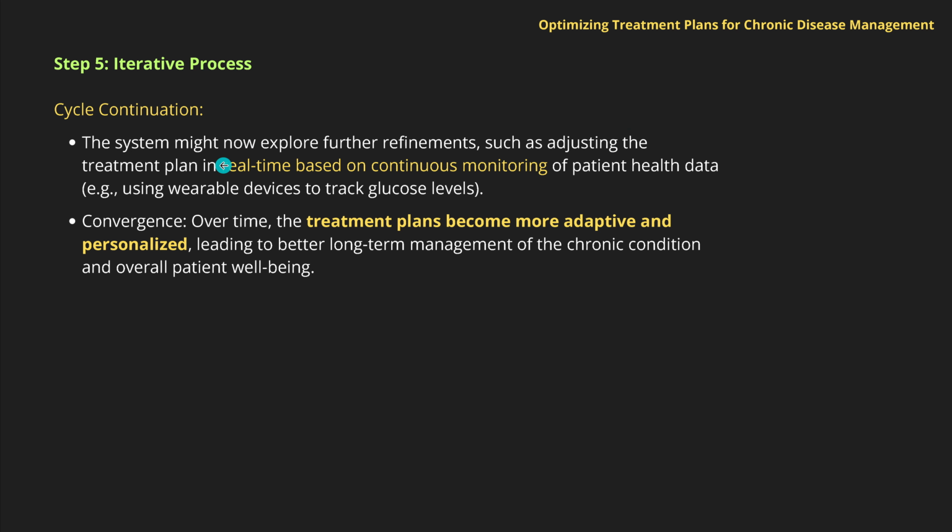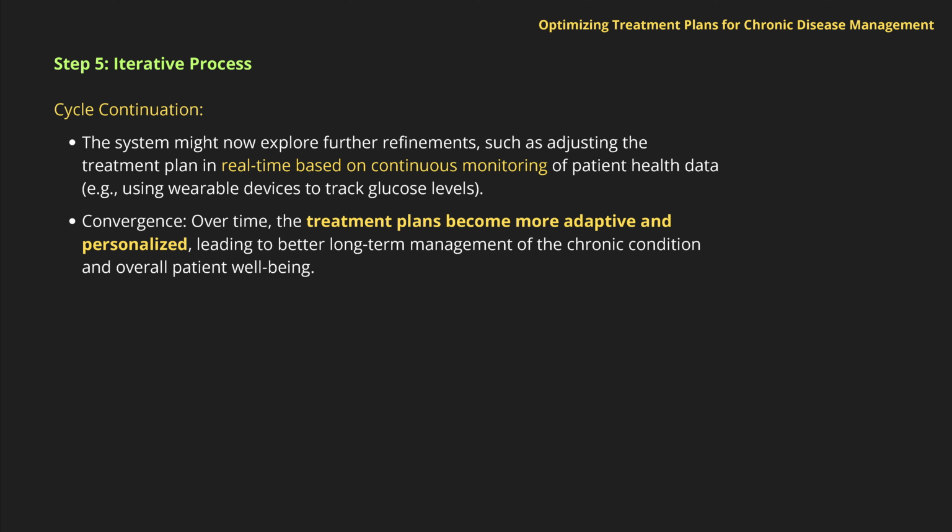So adjusting the treatment plan in real time based on continuous monitoring of the patient health data, such as wearable devices to track the glucose level, then we can now really validate and verify that for this individual theoretical patient, this theoretical personalization really works and improves the well-being of a human.